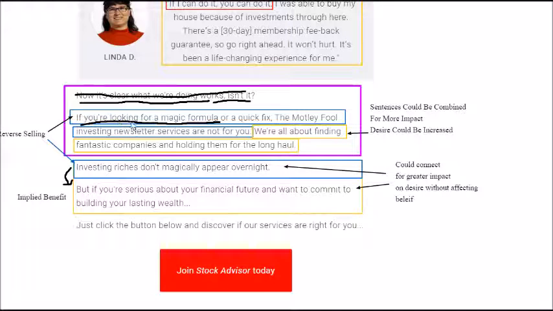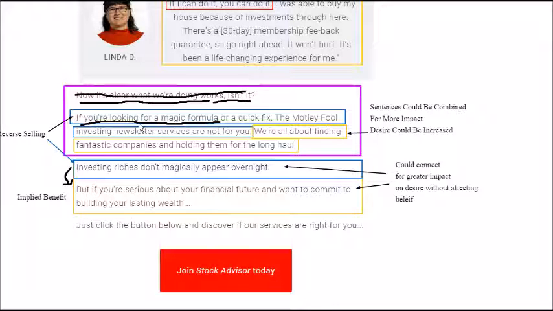And he tries to get people who are looking for a quick fix or a magic formula. He tries to repel those people, which actually attracts them more to him and attracts other people who aren't looking for a magic formula, attracts them even more to him. So by saying this, they are essentially repelling the people that they don't want, and attracting the people that they do want.